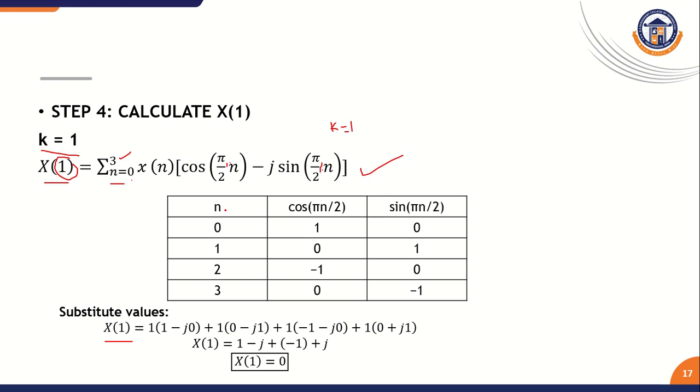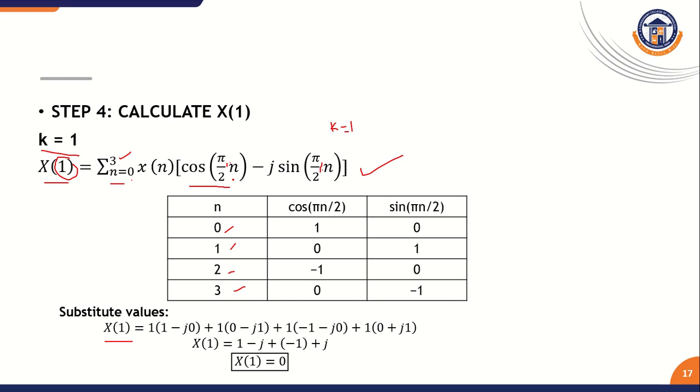So now we substitute n value from 0 to 3, that is 0, 1, 2, 3. Our equation consists of two terms, the cos term and the sin term.